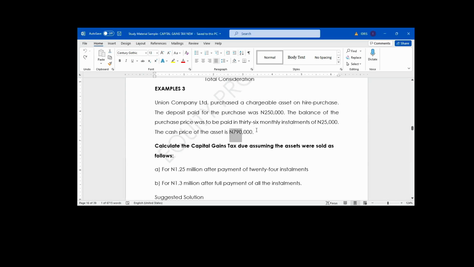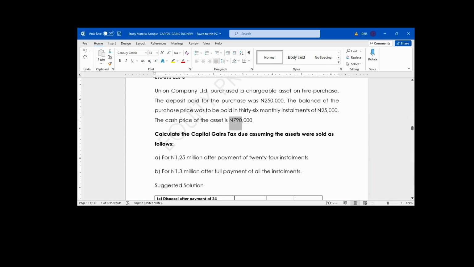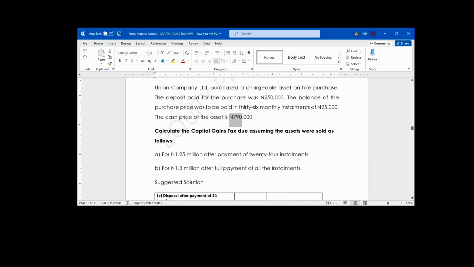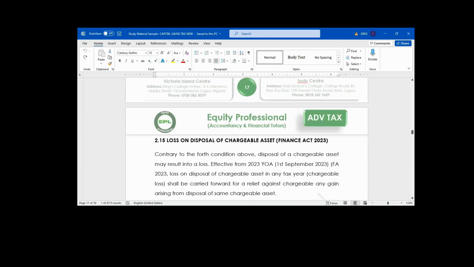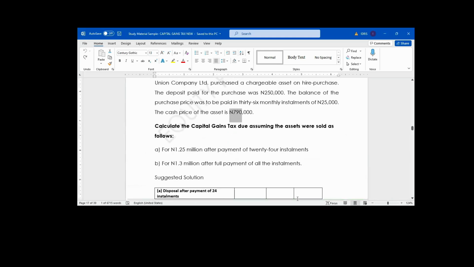But since he's buying on hire purchase, he will first pay 250,000 as a deposit, and then 25,000 per installment, for 36 installments. So the hire purchase price is 250,000 plus 25,000 times 36.